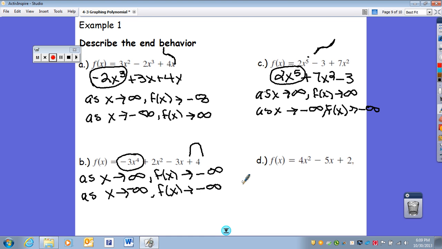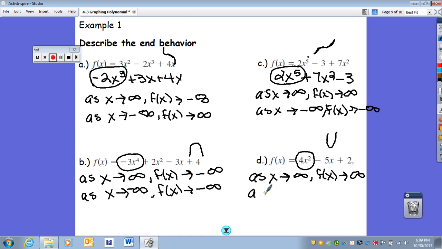Let's take a look at the last example. Again, this one is already in standard form, so we're going to find the largest degree. It is to the second degree, which is even, and the leading coefficient is positive. So we do know that this is a parabola and it is opening up. So, taking a look at our end behavior, as x approaches positive infinity, we notice that our f of x also approaches positive infinity.